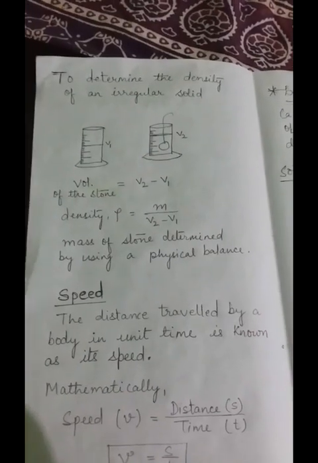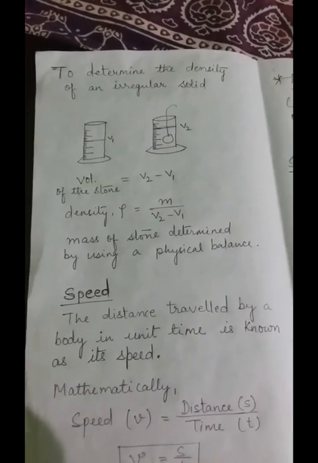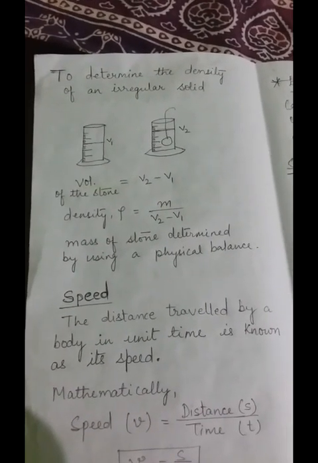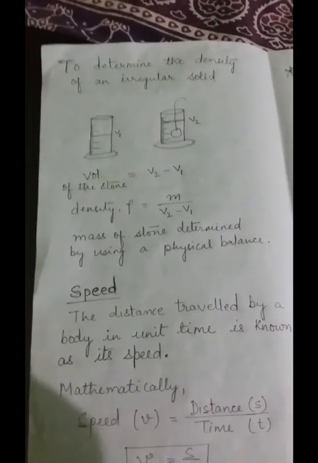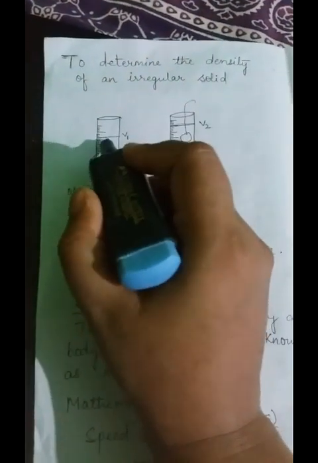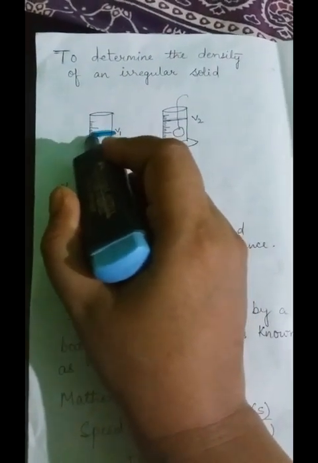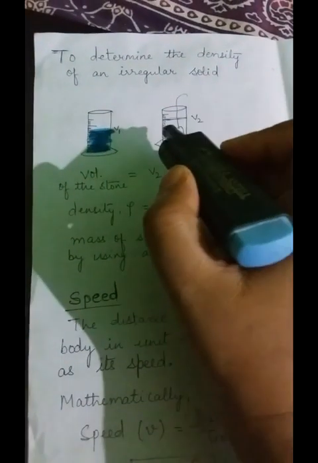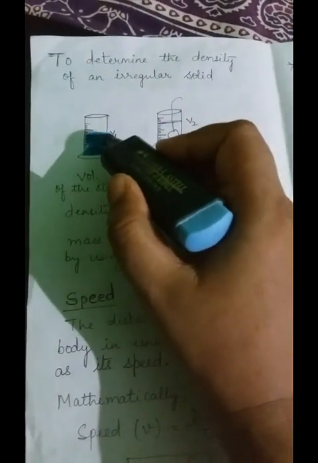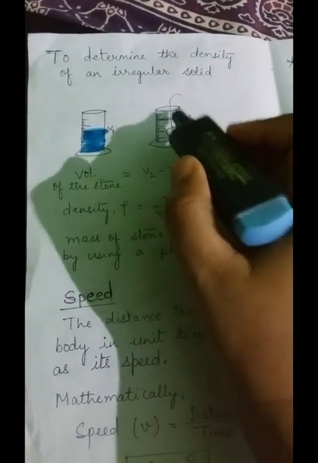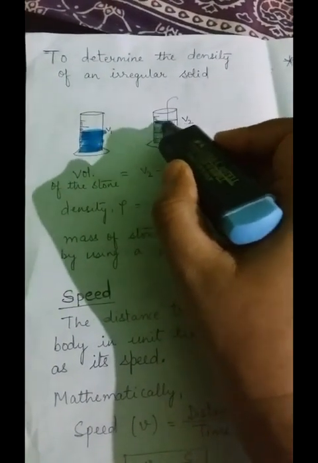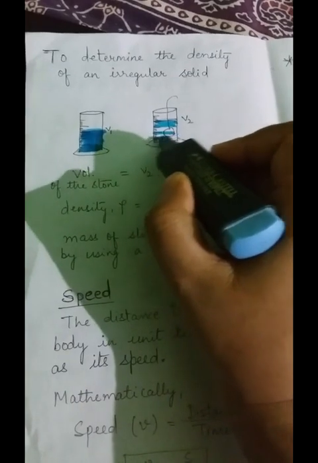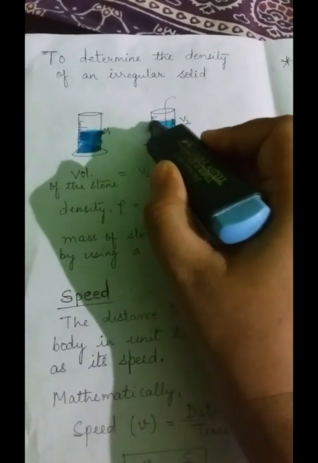Now we will discuss another activity to determine the density of an irregular solid. So here again, this is a measuring cylinder. We will fill it with some water. Suppose say V1 is the initial level of the reading of the water, and after immersing some stone inside it, the level of water increases. This is your V2.